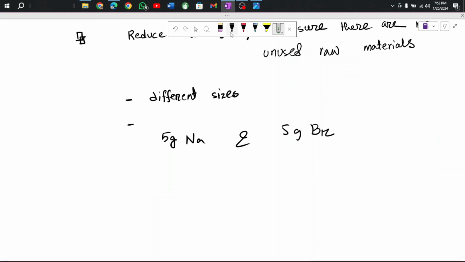এখন keep in mind sodium is smaller in size, so in 5 grams of a sodium lump, ধরো তুমি লাম্পে পাওয়া যায় সোডিয়াম, I think. So তুমি 5 গ্রামের ভেতরে you're going to get a lot of sodium metal. All right, lots of them.